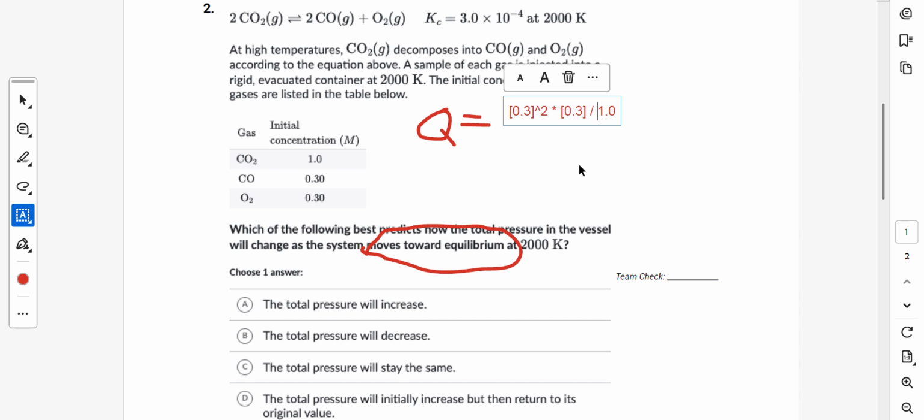And 1.0 is actually squared as well because it has that coefficient.